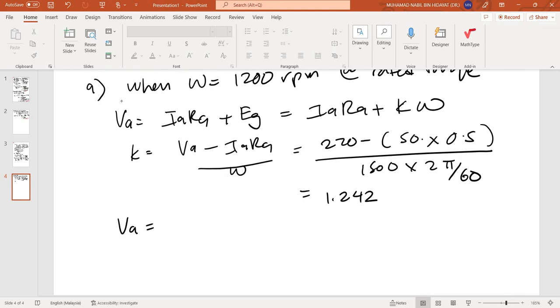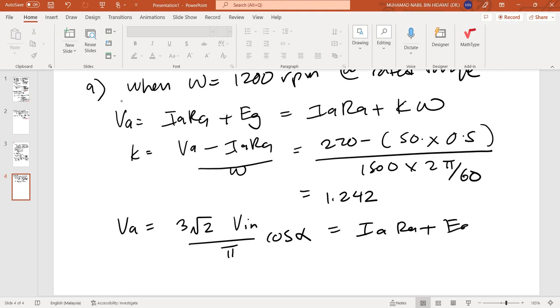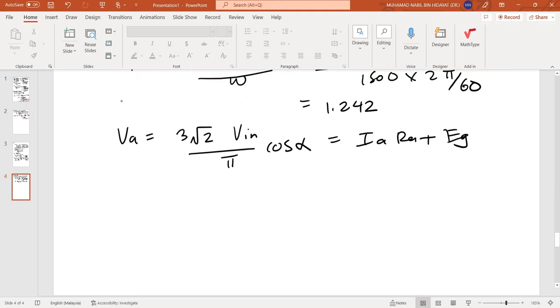So VA is 3 V in over pi cos alpha, equivalent to IARA plus K omega.